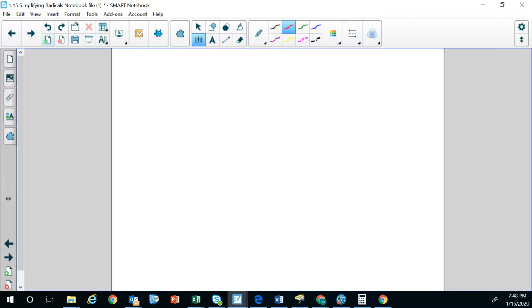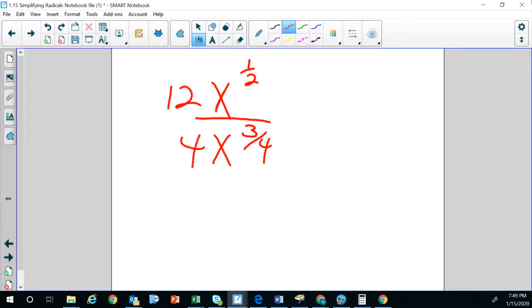Let me get a new screen. So let's go with x to the 1/2 divided by x to the 3/4. And let's say we have 12x to the 1/2 and 4x to the 3/4 at the bottom.